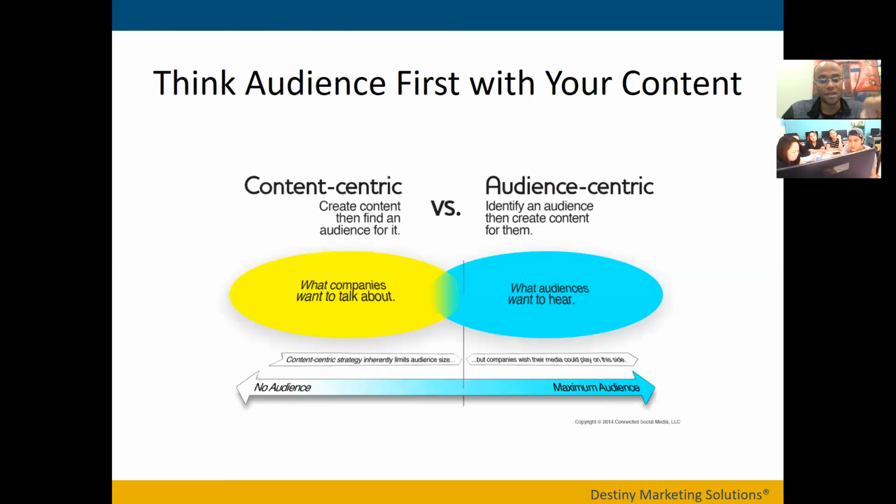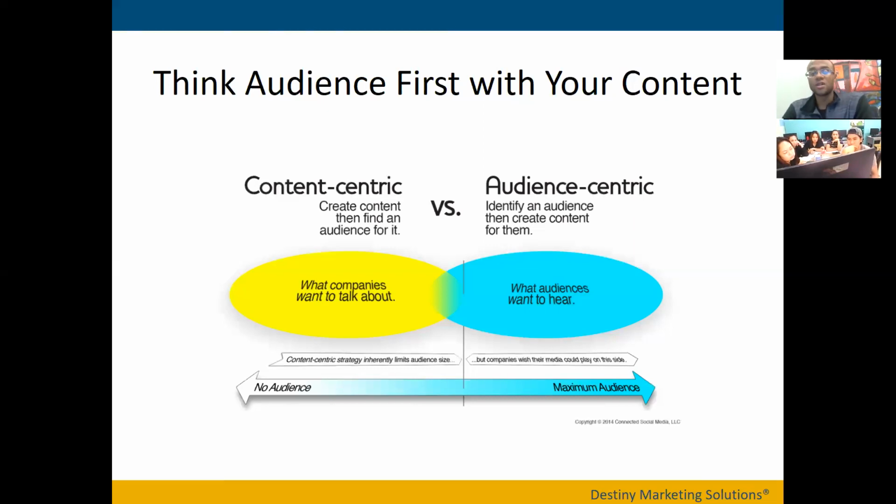Let's say Jarek writes an article about a specific photo taking technique, and he really doesn't know who's going to read it. So he writes it, and then he goes to social media, and he tries to find different groups and different people who would be interested in it and shares it. So that's the content-centric focus.